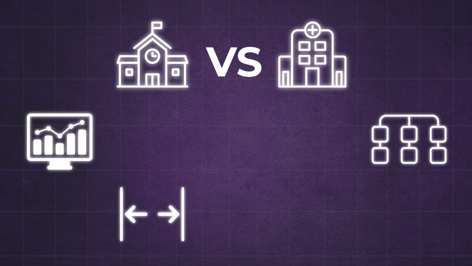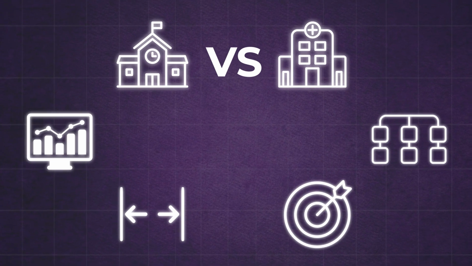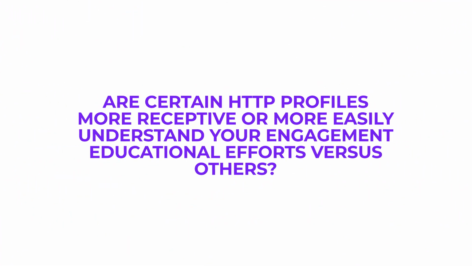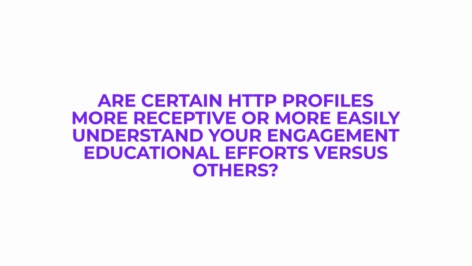What gap are you looking to identify? What positive outcome are you looking to identify? Is it sentiment? Are certain HCP profiles more receptive or more easily understand your engagement and educational efforts versus others?